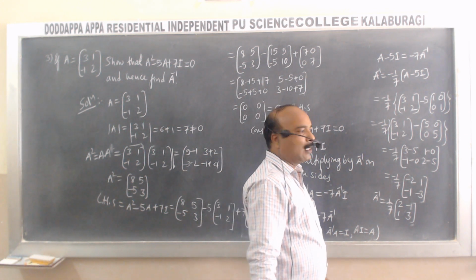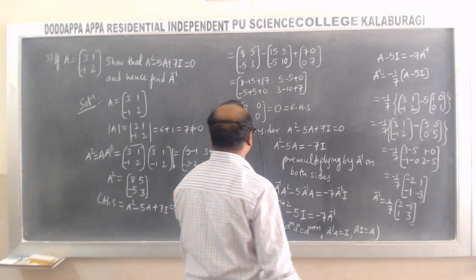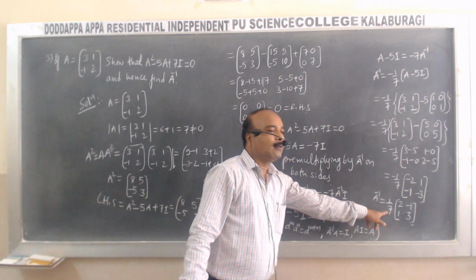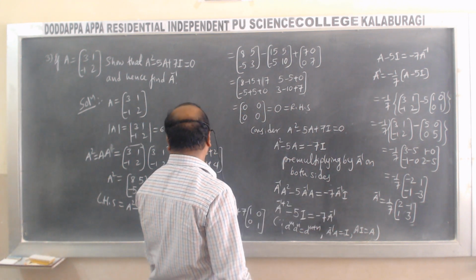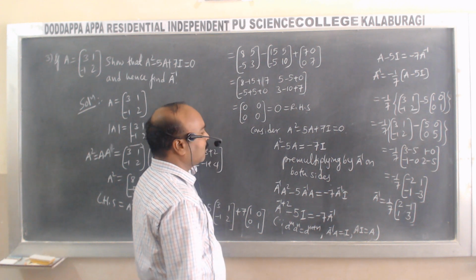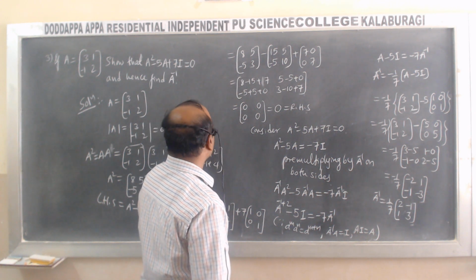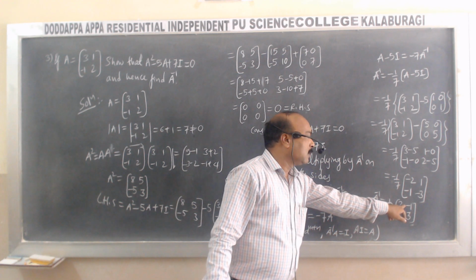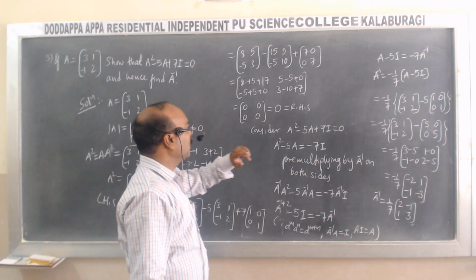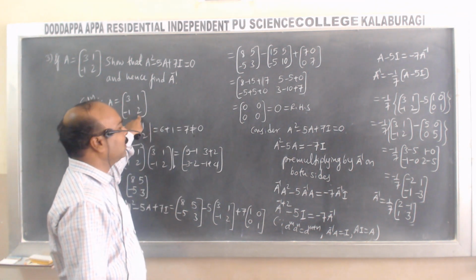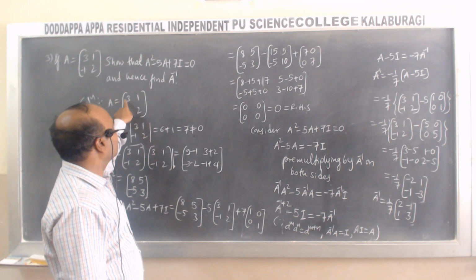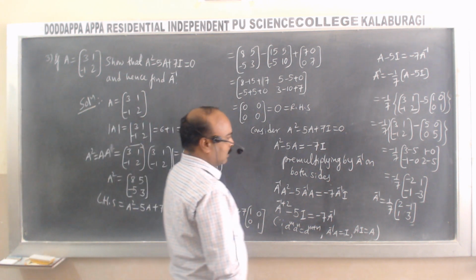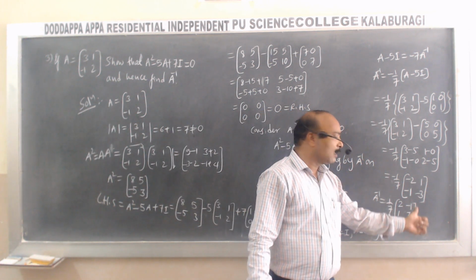Now we check by the direct method whether your answer is correct. Now we check with the adjoint. The determinant is equal to 7, then it is 1 by determinant of A into the adjoint of A. The adjoint of A is nothing but a change of diagonal elements, and a change of sign of non-diagonal elements, that also you get, it is 1, it is minus 1.